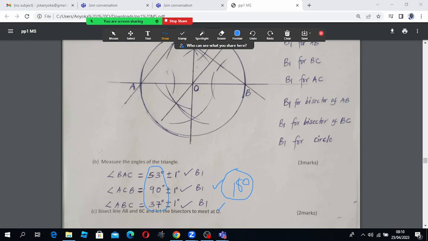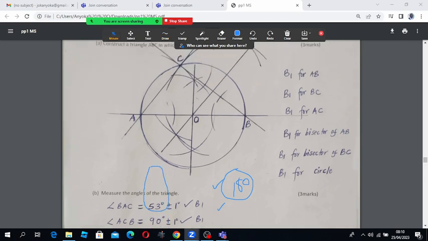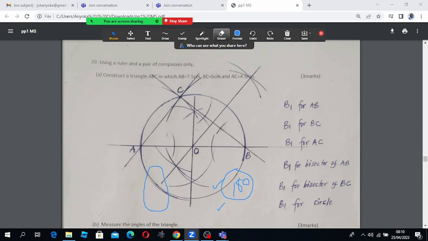And then now bisect lines AB and BC and let the bisectors meet at O. Bisecting lines is not a big problem. There's a way we do it.